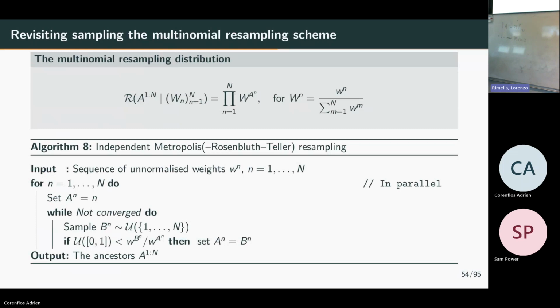Is anyone not familiar with coupling methods to understand TV distance? It's okay. The total variation, TV, is essentially the supremum over all measurable sets of the absolute difference mu(A) minus nu(A).